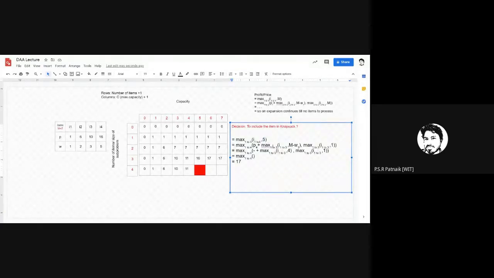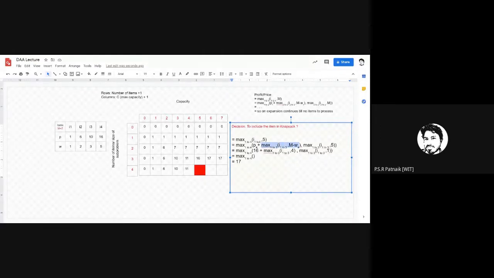Now if I have a sack capacity of 5, how will this turn out? For P4, what's the maximum profit I get? 16. And here I have M minus W3. It's not W3, it's W4.